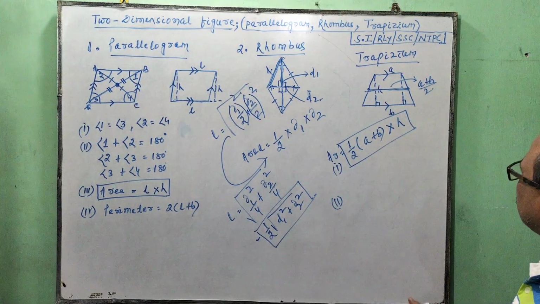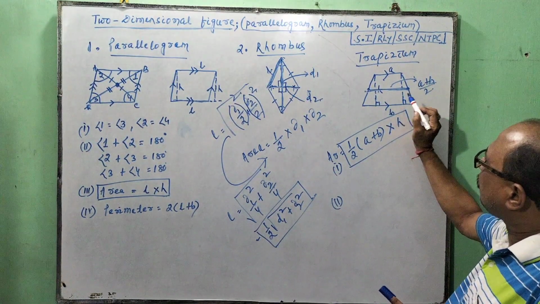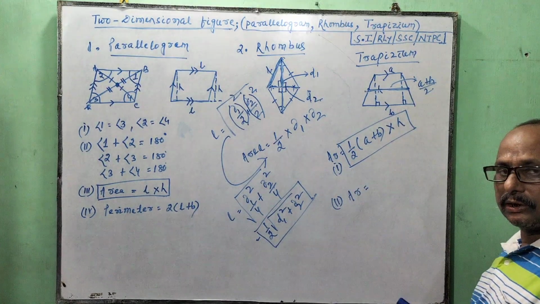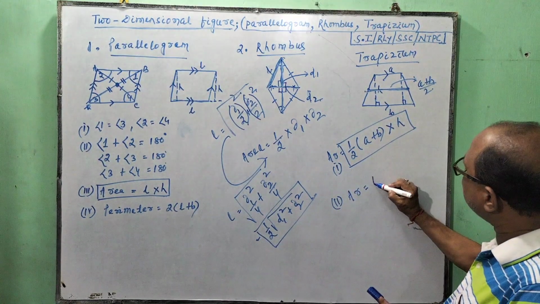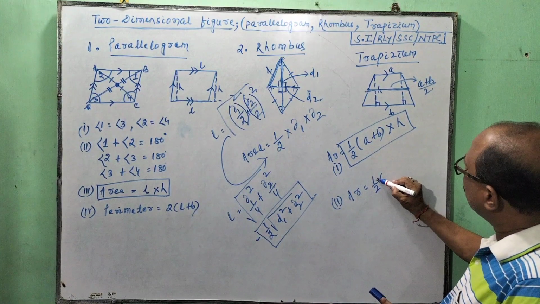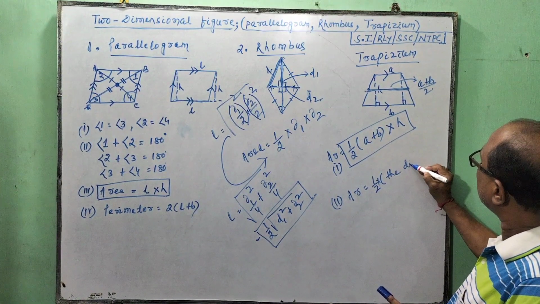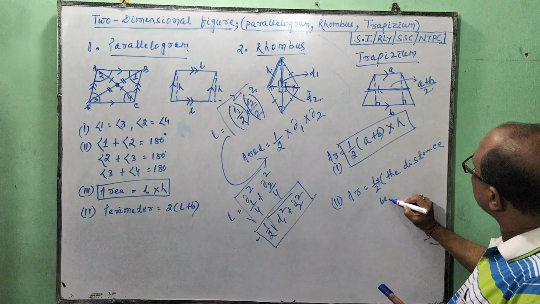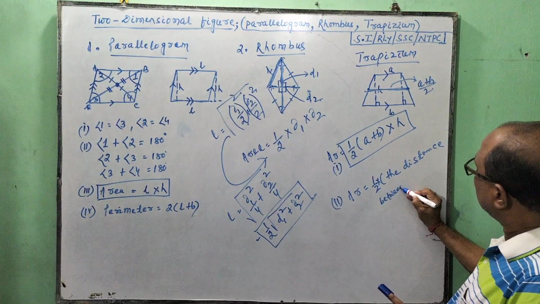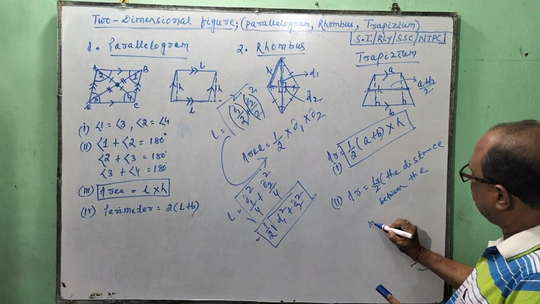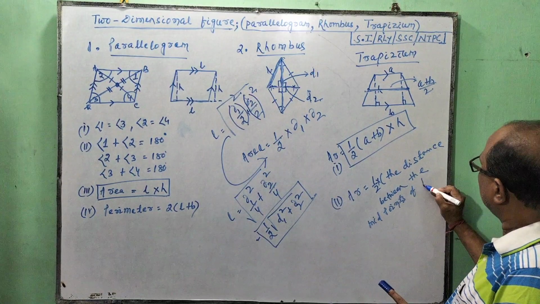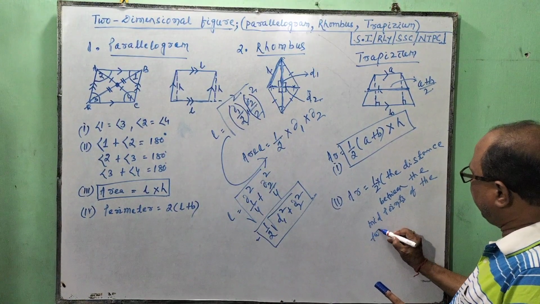So what is the another formula of the area of the trapezium? Now, area of the trapezium is equal to half into the distance between the midpoints of the two unparallel lines.